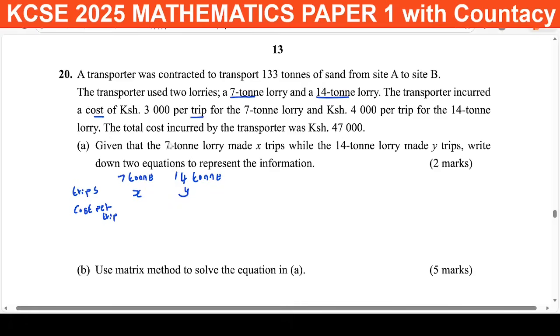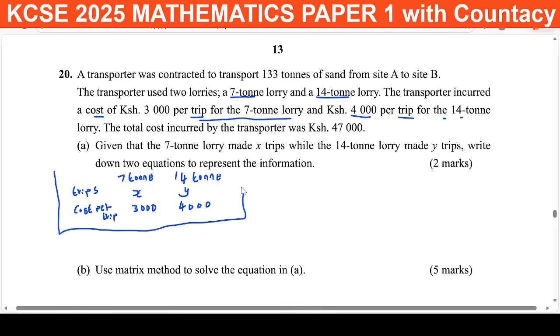We are told that the transporter incurred a cost of shillings 3,000 per trip for the 7-ton lorry, so here we have 3,000, and shillings 4,000 per trip for the 14-ton lorry, so here we have 4,000. This is exactly what you are supposed to know.